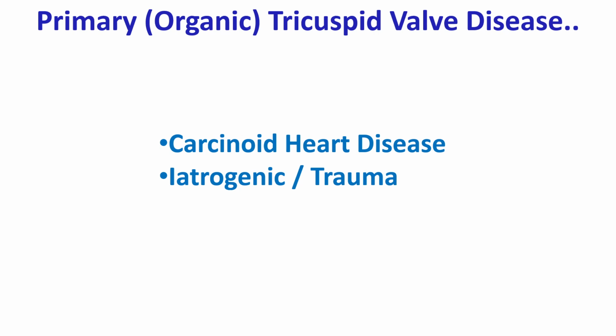This anchors the leaflets in a semi-open position, causing severe fixed TR and variable tricuspid stenosis. Iatrogenic and trauma. Severe structural TR can result from direct chest wall trauma, for example deceleration injuries leading to a papillary muscle rupture, or endomyocardial biopsy-induced damage during surveillance of cardiac transplants.